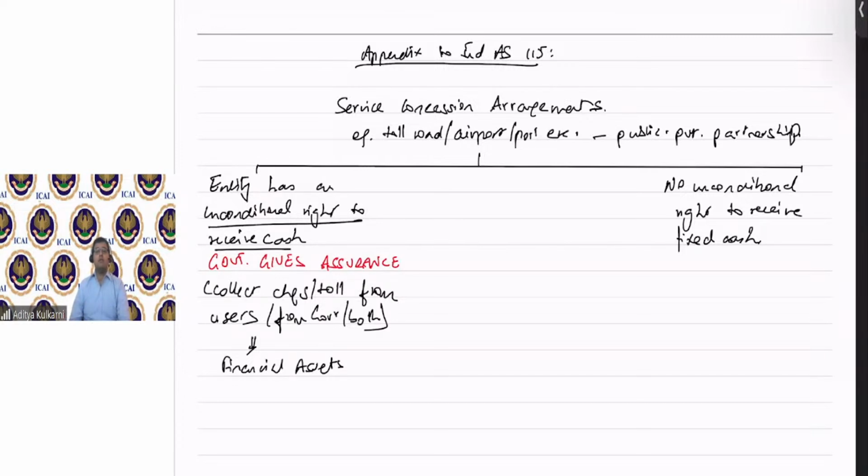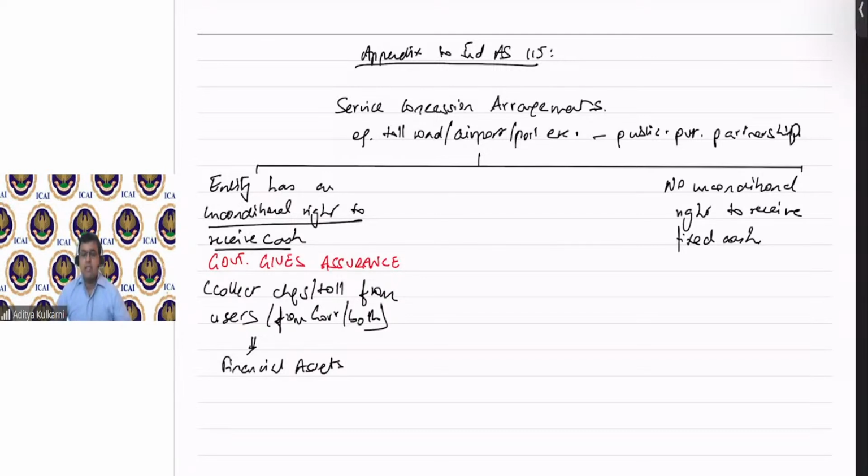And therefore, toll to aapko bhar ke milega. You are going to get crores and crores of rupees in toll money. So I am not guaranteeing anything. And toll money also, you only have a right to receive. But you don't know how much you are actually going to receive.